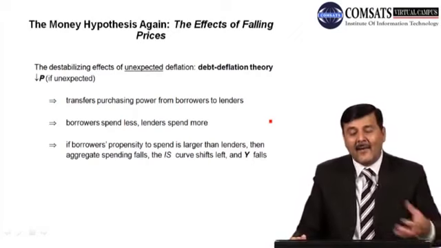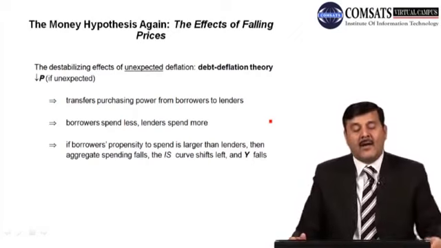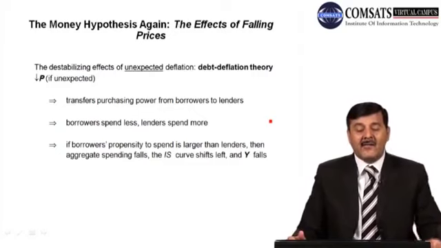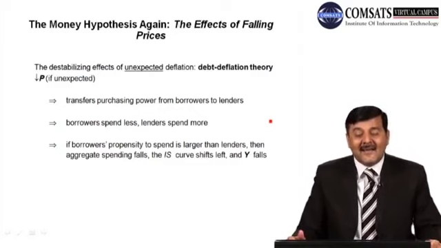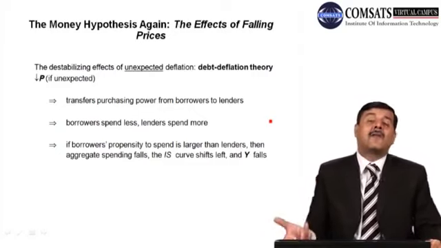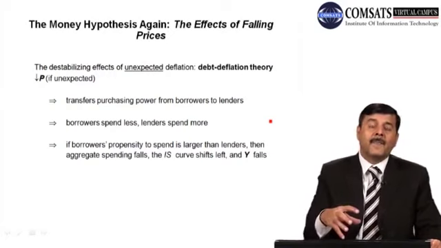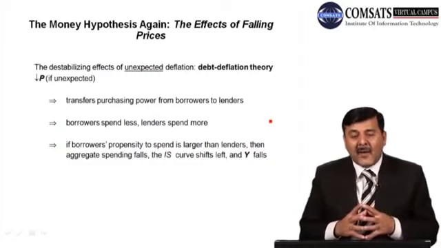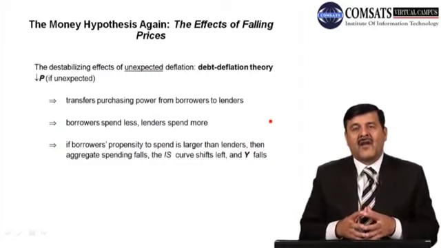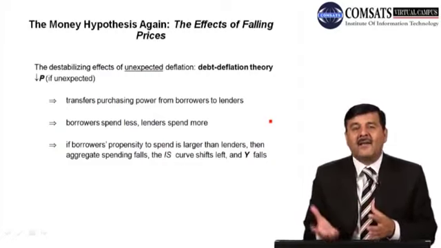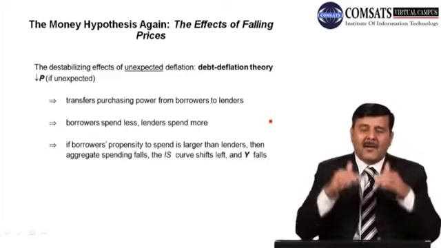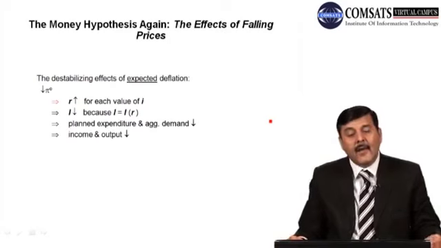Borrowers spend less, lenders spend more, and if borrowers' propensity to spend is larger than lenders', then aggregate spending falls, the IS curve shifts left and Y falls. So if there is unexpected deflation, the end result is a leftward shift of the IS curve, and income in the economy falls.